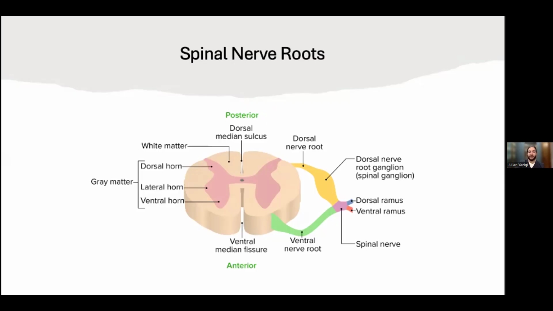The pia mater invests the roots themselves, supporting their vascular supply. This anatomical continuity explains why inflammatory processes such as meningitis can cause radiculitis and why root compression can impair both sensory and motor function simultaneously once the nerve becomes mixed.